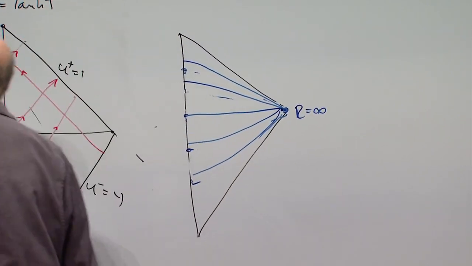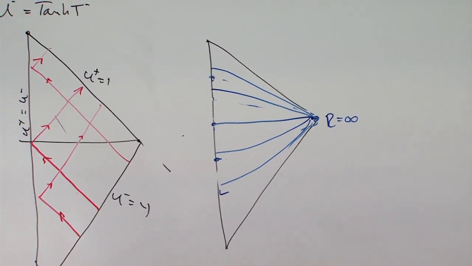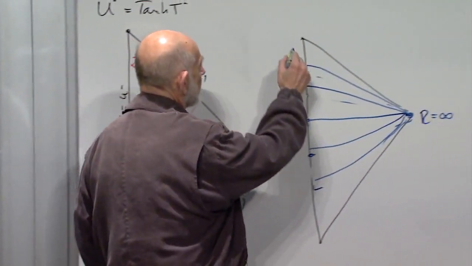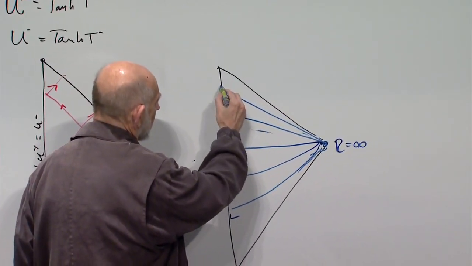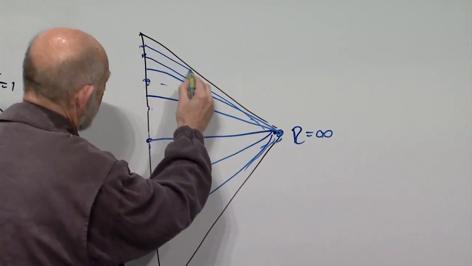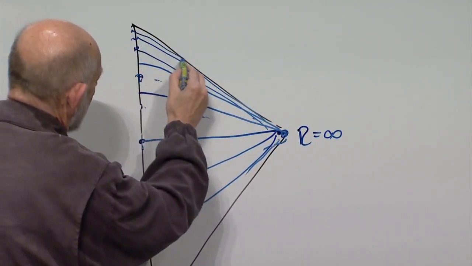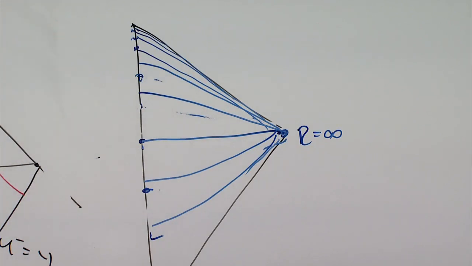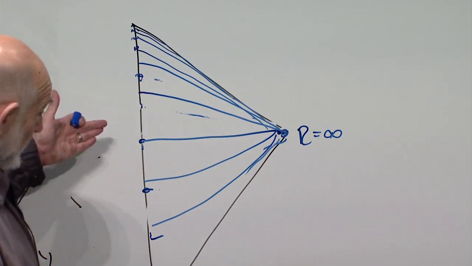What about way, way, way up there? T equals 100 billion is going to be very close to this edge. So as we keep putting in more of these, they accumulate and get closer and closer to this edge up there. You've got to get an infinite number of them in there. Time really does go on and on forever, at least in flat space.